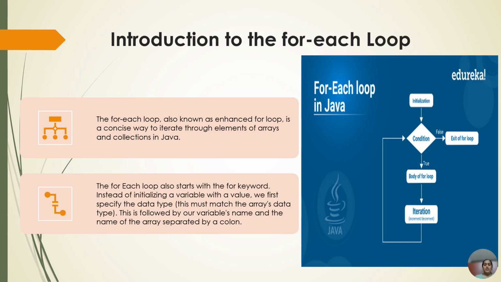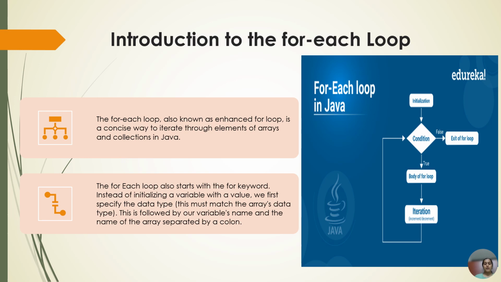Each version of for loop serves a different purpose: a traditional for loop, enhanced for loop, and infinite for loop. Traditional for loop is used when you know the exact number of iterations and want precise control over the initialization, condition, and update.